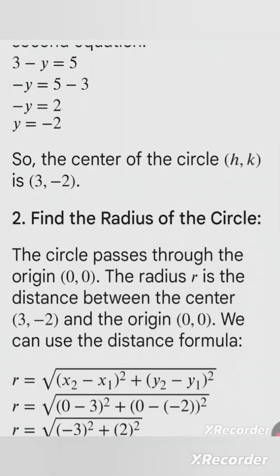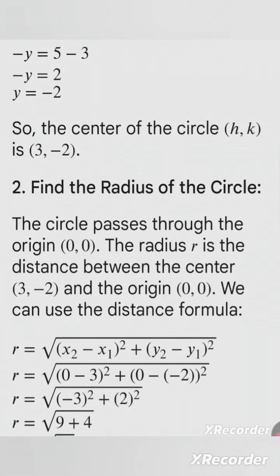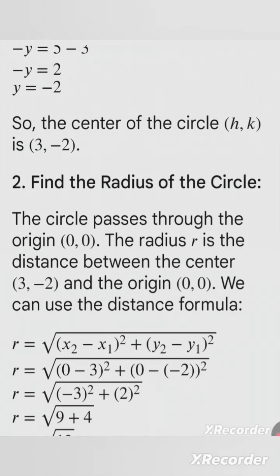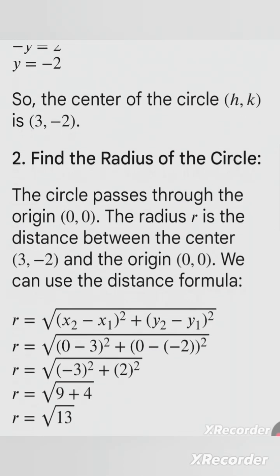Now to find the equation of a circle, we always need the center and the radius of the circle. Now this is similar to sum number 2. The center is at 3 comma minus 2 and it passes through the point 0 0.